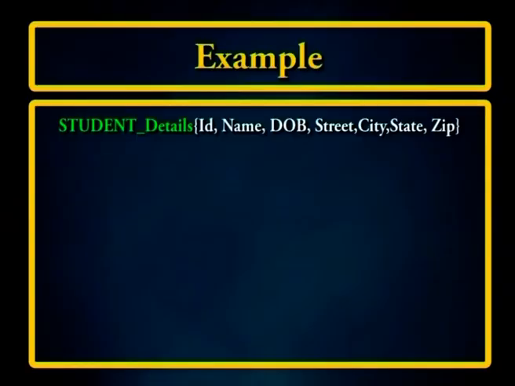Let us look at one more example to understand the concept in a better manner. Consider a relation student_details with attributes ID, name, date of birth, street, city, state and zip.